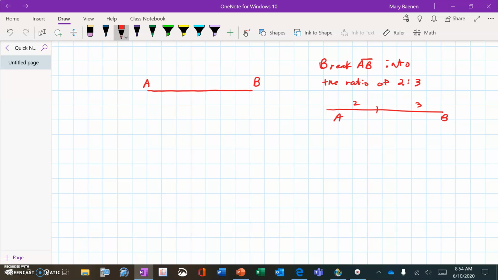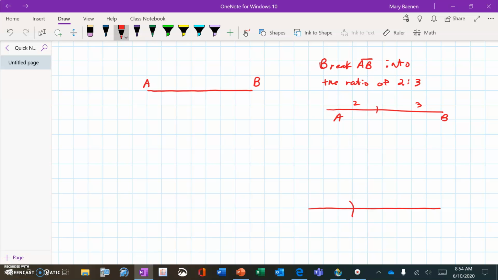Okay, now what do I know? I know that conjecture that says the bisector of an angle in a triangle divides the opposite side into 2 segments whose lengths are in the same ratio as the lengths of the 2 sides forming the angle. So this is what I'm going to do. I'm going to take a ruler, which I'm really not because I can't on my screen, and I'm going to open up my compass to any length that I want, and the highest number I need is 3.